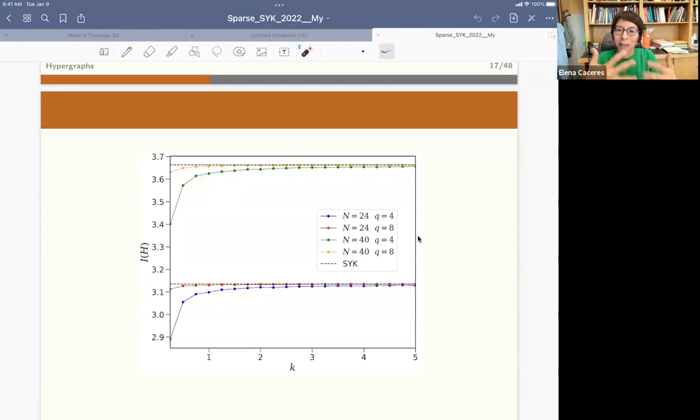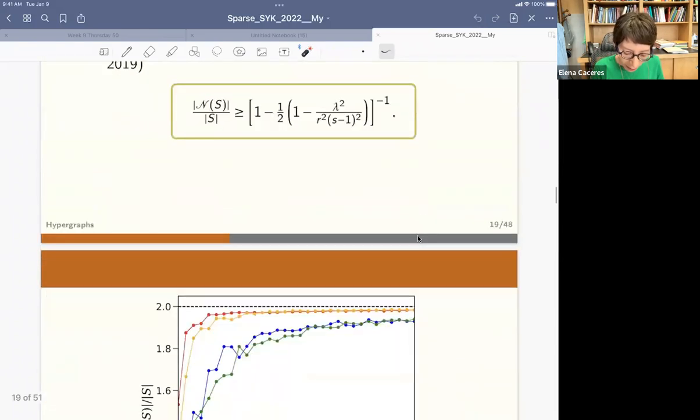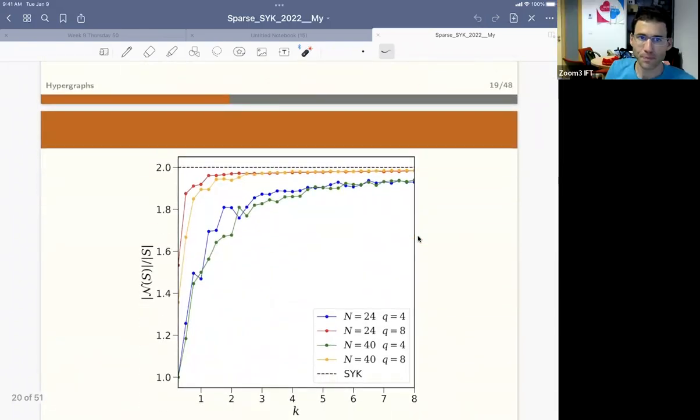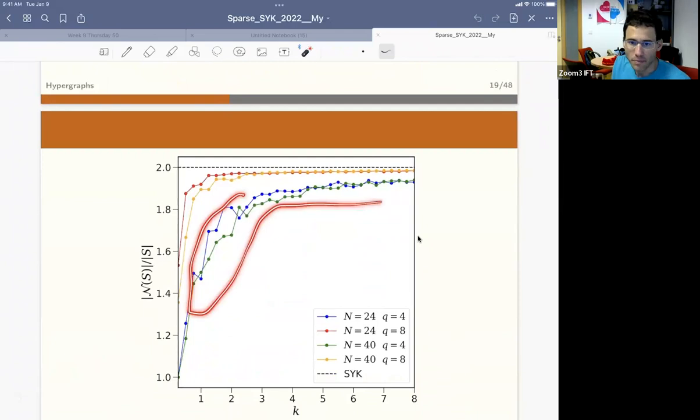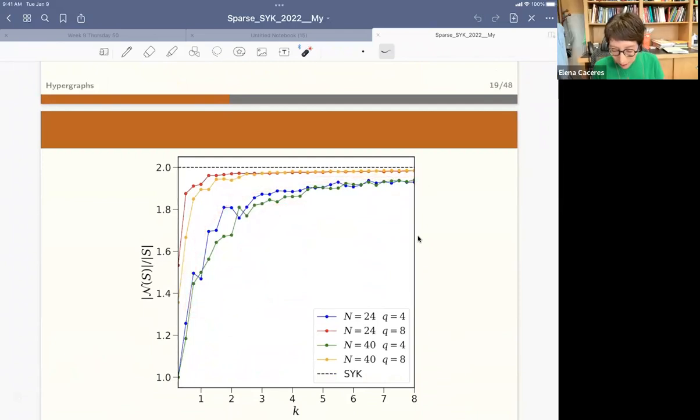It's going to be much easier to get to the SYK result. So that's a feature in all of these. The ones that are worse are always Q equals 4. The Q equals 8 asymptote much faster to the SYK result.